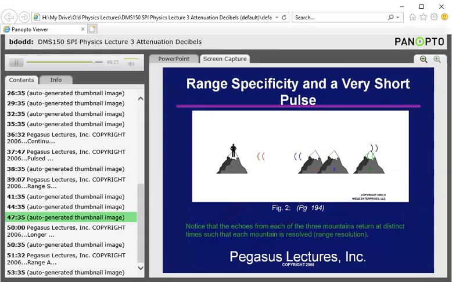How deep was the interface? 4.3. Centimeters, thank you. Yeah, so you just take 56 divided by 13 equals 4.3.